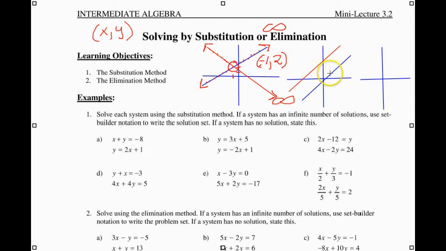And the answer is no, because they are parallel lines. So will there ever be this unique intersection of parallel lines? And the answer is no. So for a system of equations in which there are parallel lines, there is no solution.